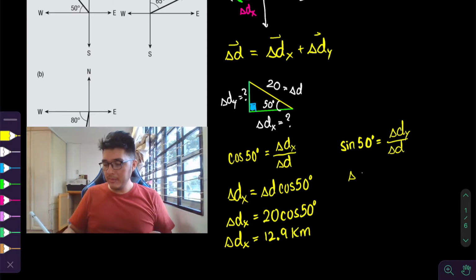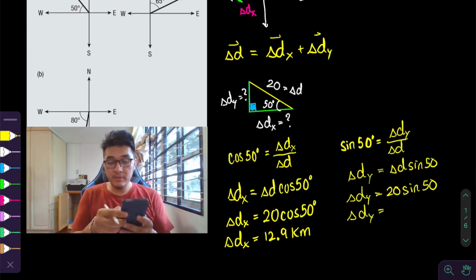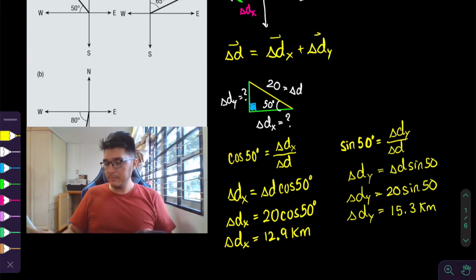Multiply both sides by delta d, so we get delta dy equals delta d sine of 50. Delta d was 20, so 20 sine 50. Let's put this into a calculator. 20 sine 50. That's approximately 15.3 kilometers.